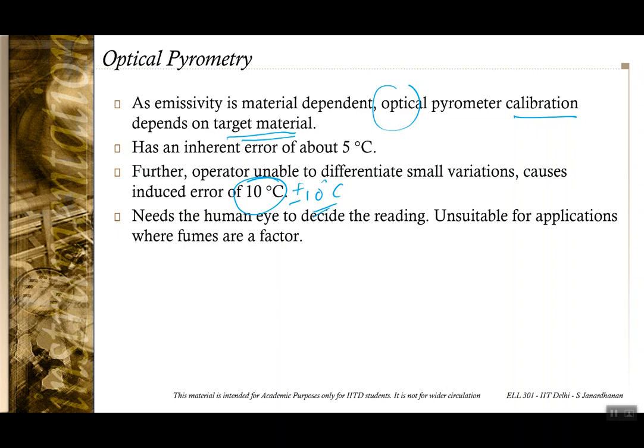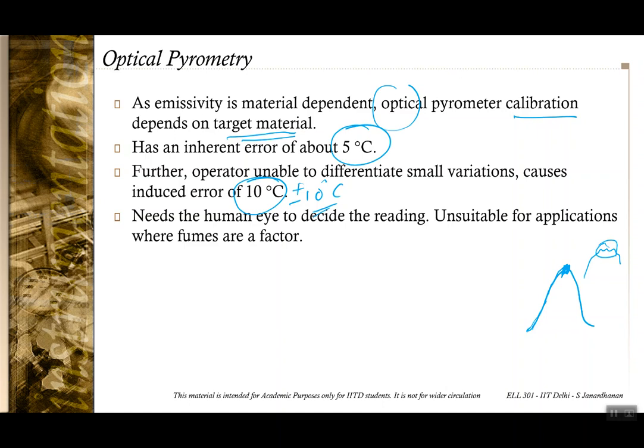In addition to that, the emission spectrum is also not so precise that you will have the peak at one particular frequency. You may have a peak that is not so sharp, which would mean that there is an inherent error of say plus or minus 5 degrees in the reading on top of the human induced error.